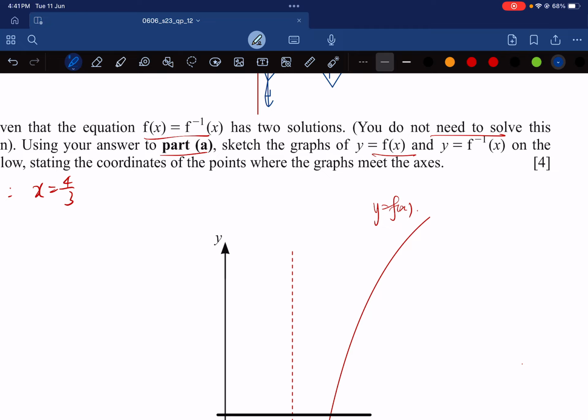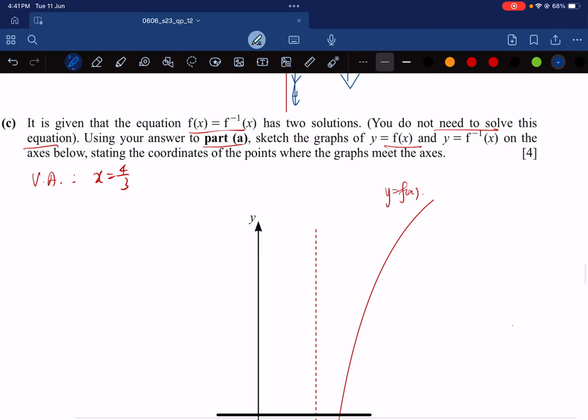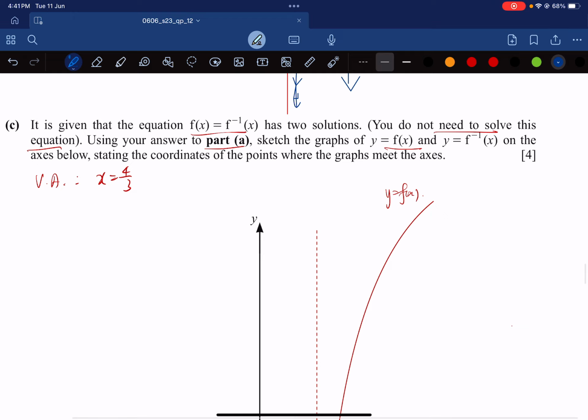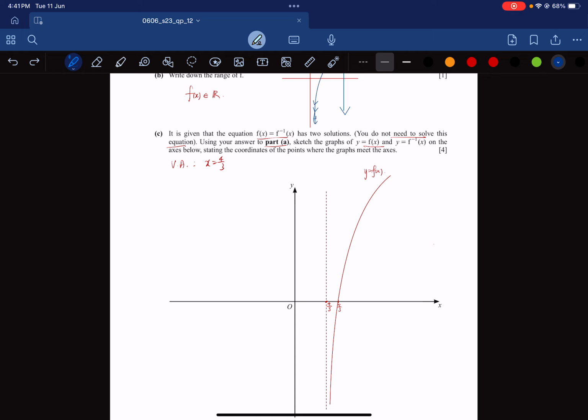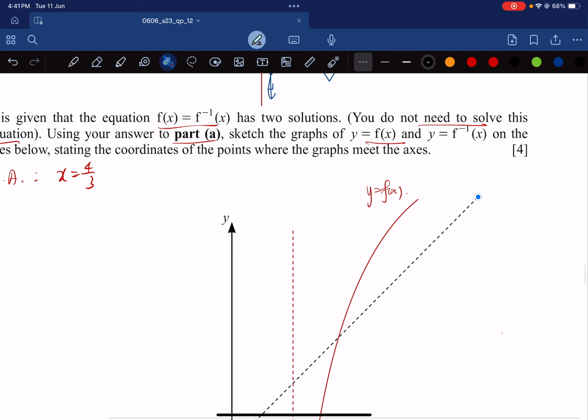Then how about y equals f inverse, right? F inverse. Okay. F inverse would be the reflection in the line y equals x.